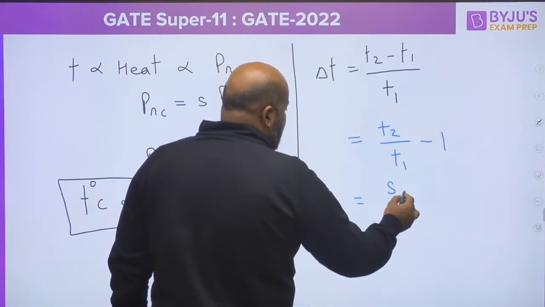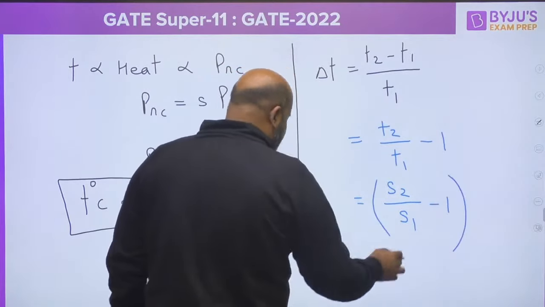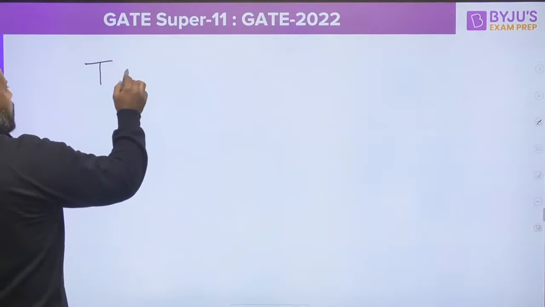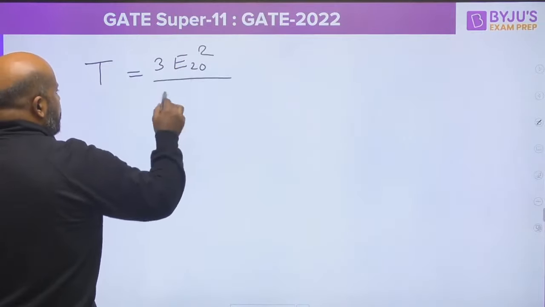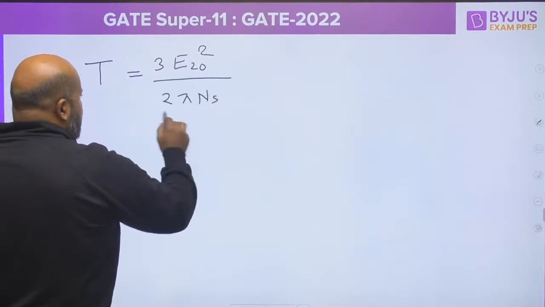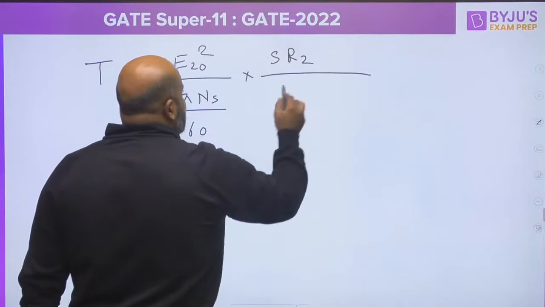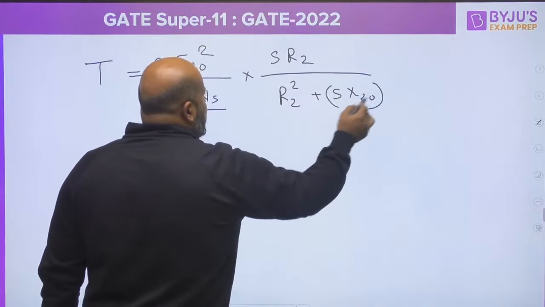T2 by T1 you can write as slip in the second case and slip in the first case, minus 1. Now you know that torque you are going to write as 3 times E2 naught square upon 2 pi Ns upon 60, and this is going to be slip times rotor resistance upon R2 square plus (S X2 naught) whole square.